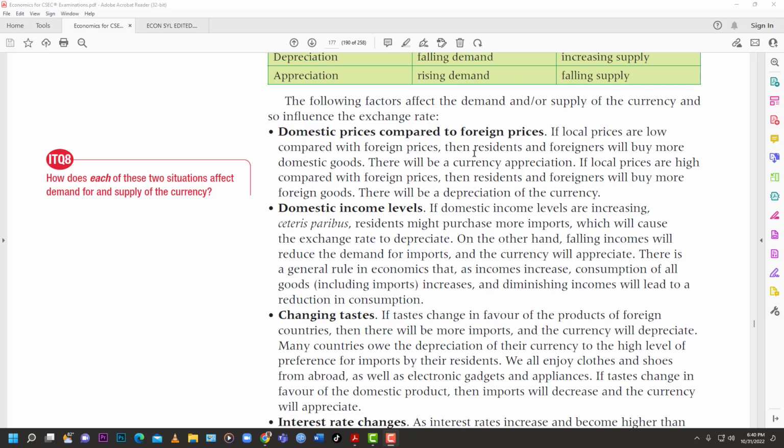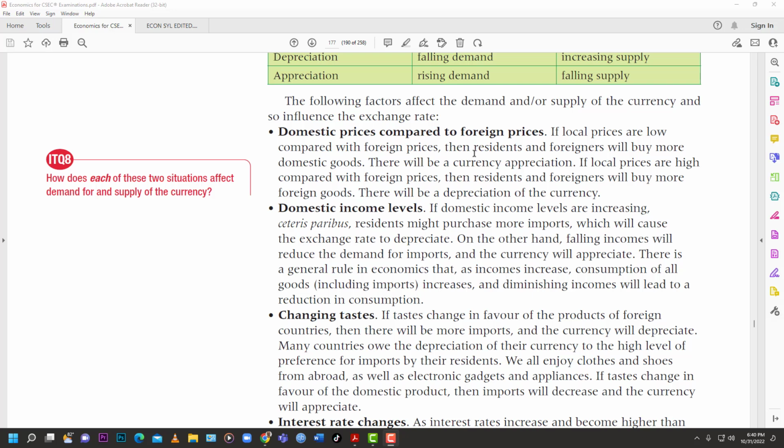And so you'll find that you'll demand more of that foreign product than the local, and thus you're demanding more of the foreign currency than the local, causing the local one to depreciate, right? Once it's a part of the floating exchange rate system. Then they say here domestic income levels, right?